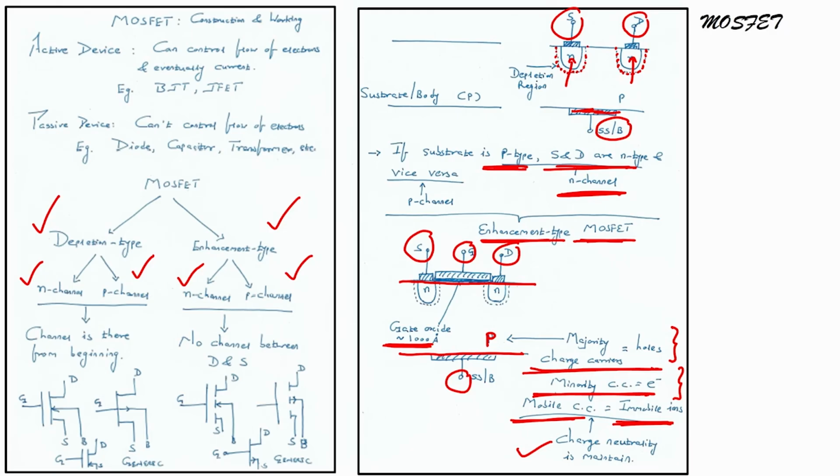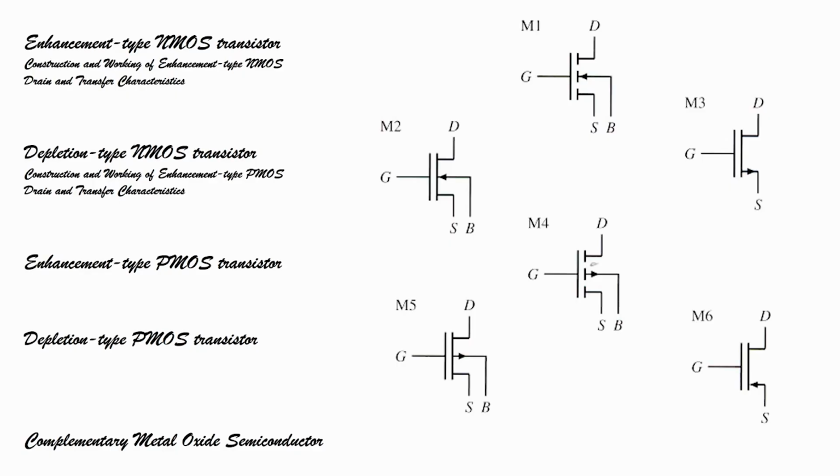The gate oxide is extremely thin. This is your enhancement MOSFET, because you cannot see any channel present between your source and drain. Easy. Let us go to the next slide.